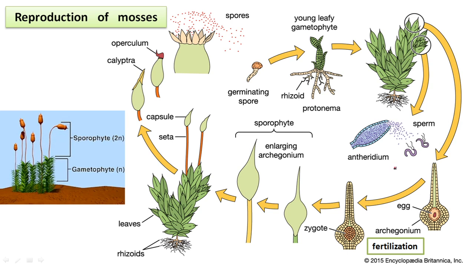So as you remember, in non-flowering plants we can distinguish two groups: mosses and liverworts, and also ferns. These plants usually have a life cycle with two different stages or steps.